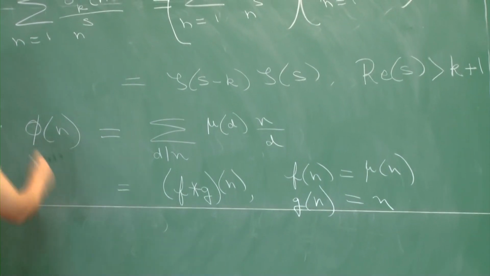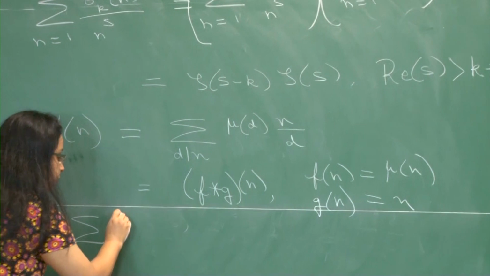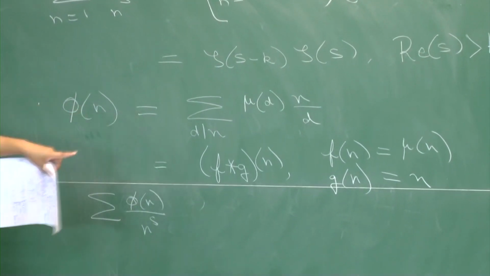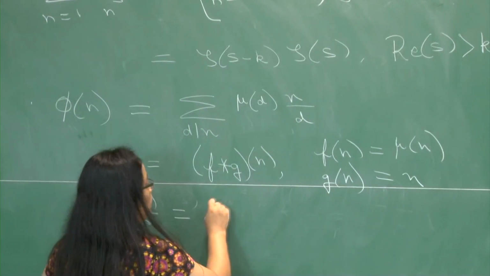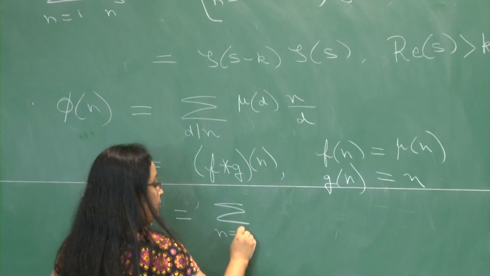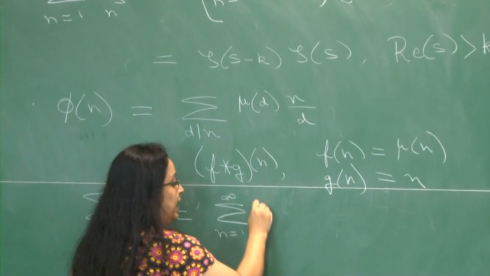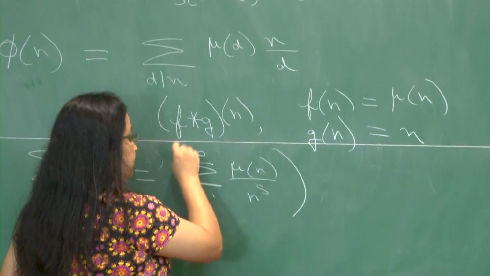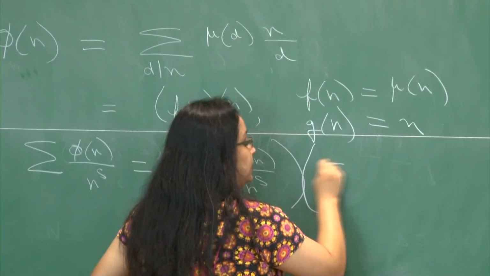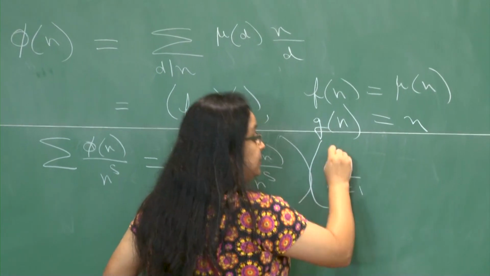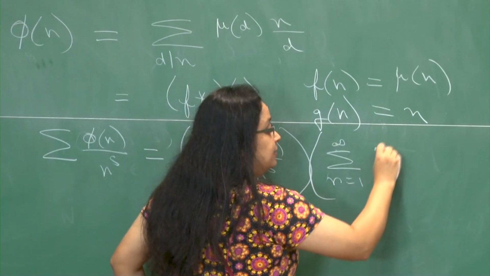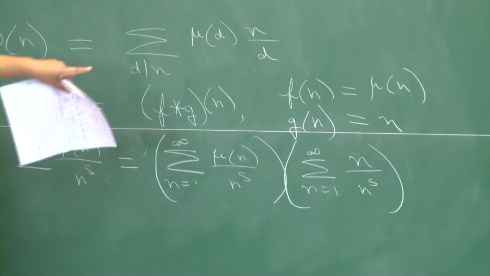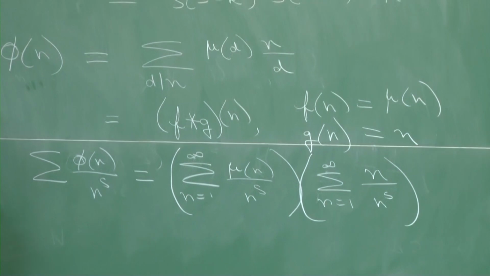So, therefore, if you want to write phi of n over n to the s summed, what do you have? You end up writing it as the sum of mu of n over n to the s times the sum of n over n to the s, which is just 1 over zeta of s minus 1.